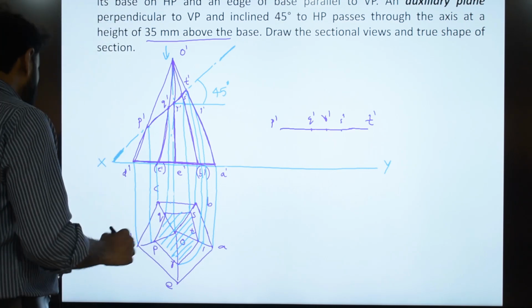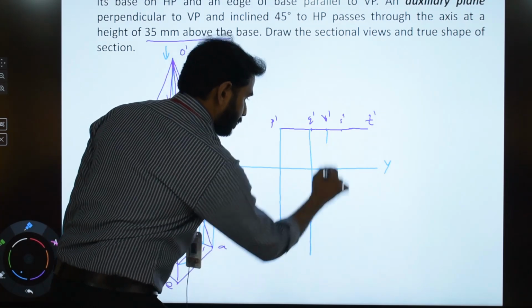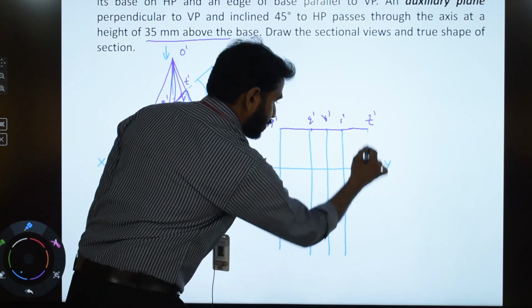Now you need to draw projectors from each of these front view points, P dash, Q dash, R dash, S dash and T dash.